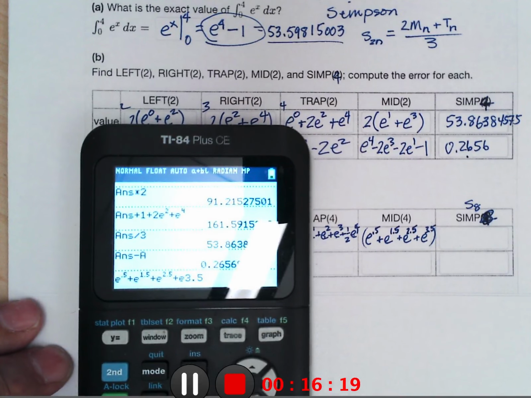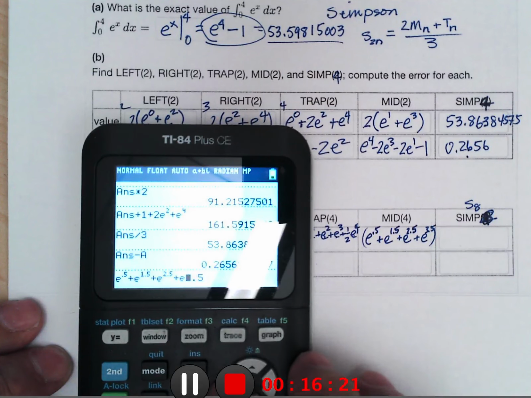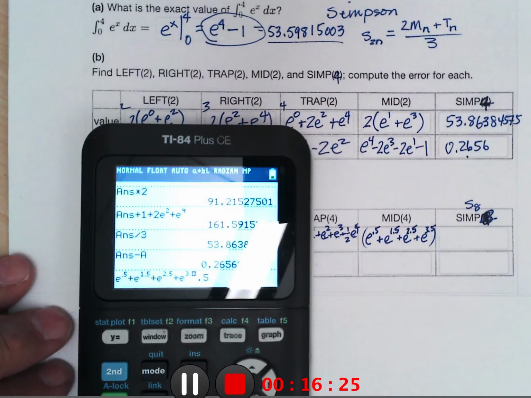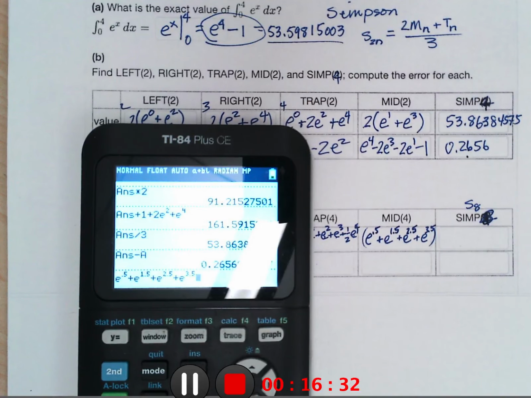I didn't do the power. To the 3.5. Come down, get rid of that. So that's midpoint 4. Enter.